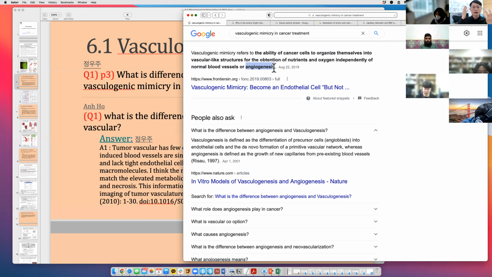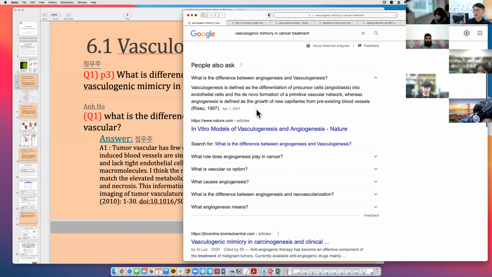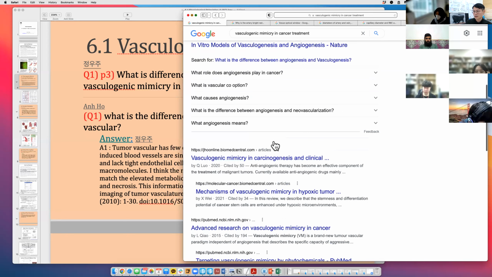Then your anti-angiogenic therapy fails. So if you know how the mechanism of vasculogenic mimicry occurs, you can come up with a new treatment of blocking vasculogenic mimicry. And I hope this makes sense to Uju and people. So yeah, that's something over here.